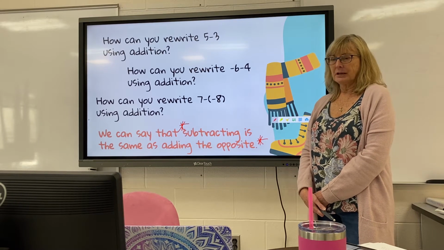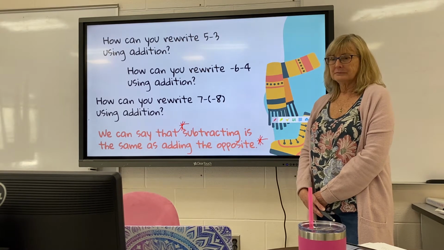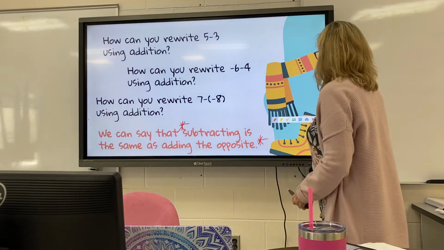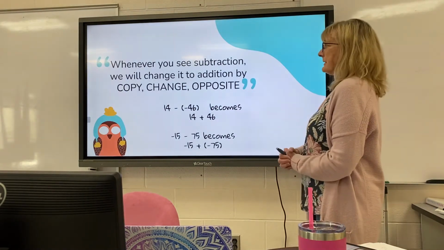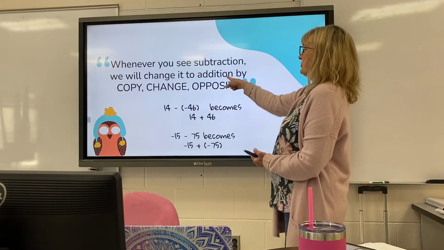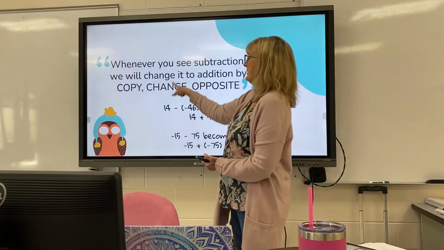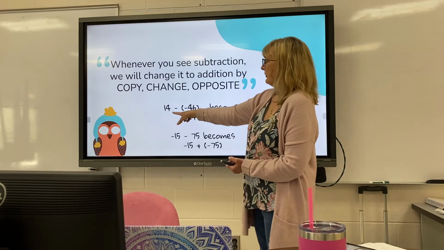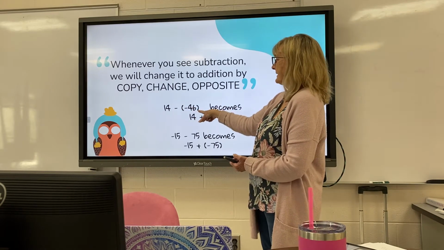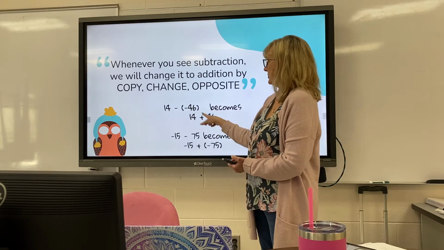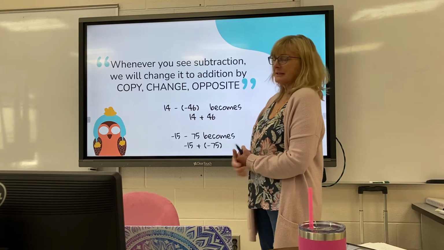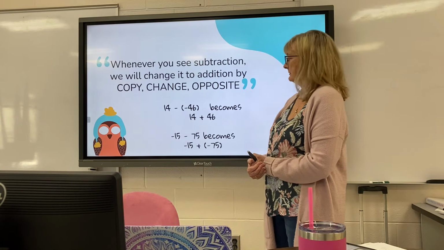Who needs more time? Okay. So whenever you see subtraction, we will change it to addition by doing copy, change, opposite. So 14 minus negative 46 becomes 14, copy, change it to addition, take the opposite of negative 46.